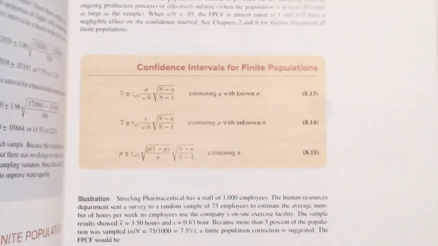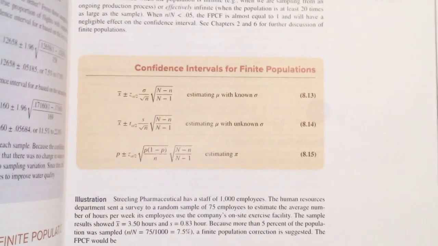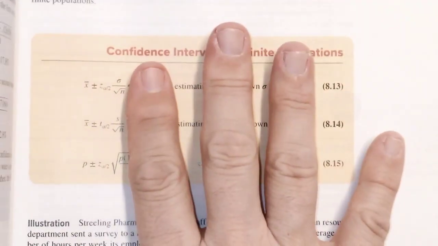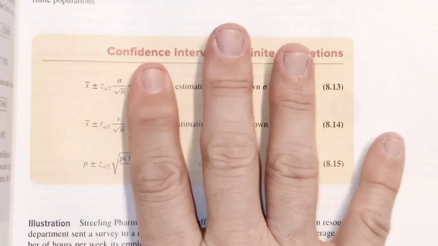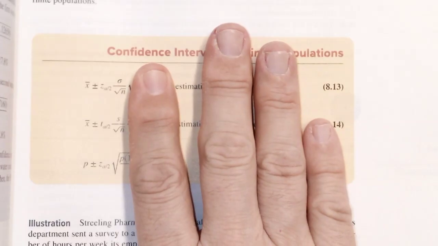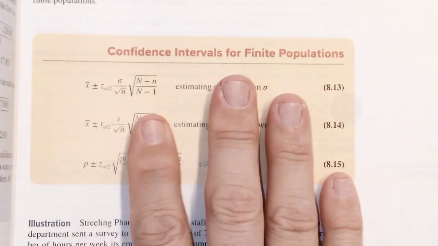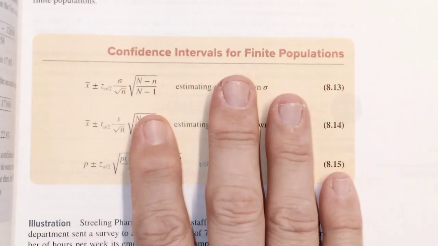All 3 of those formulas are exactly the same as the formulas we've already used. If I'm estimating a mean and I know the population standard deviation, this is the formula I use at the top here. Take your sample mean, then add or subtract Z alpha over 2, that's our confidence level number, times standard error. But now I'm just going to multiply on the finite population factor.